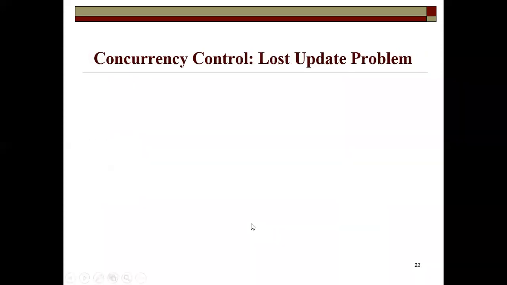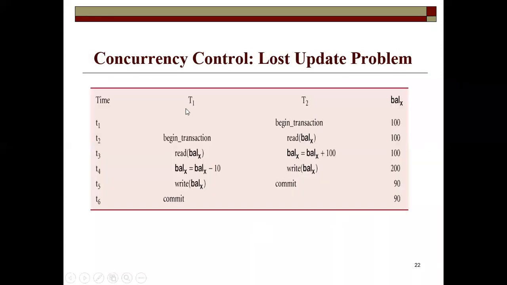Okay. So let's follow this example and see one of the ways you can interleave, and depending on how you interleave, you'll either get the lost update problem or you will succeed. Okay, so we have 4 columns. In column 1, we are looking at time.